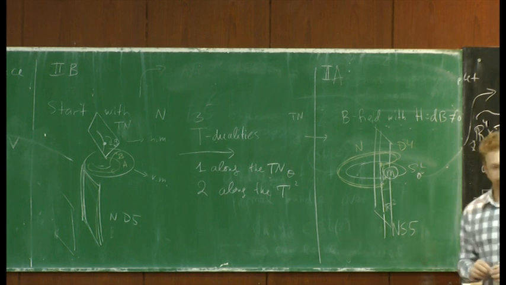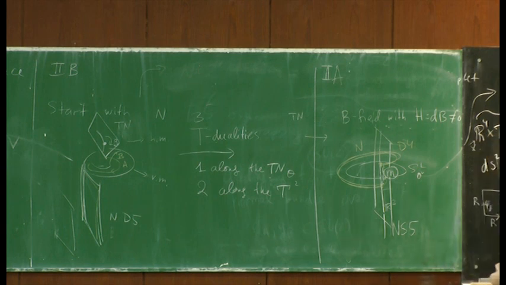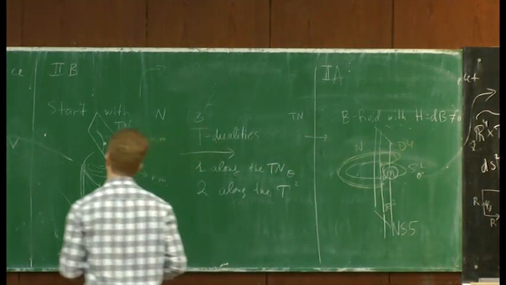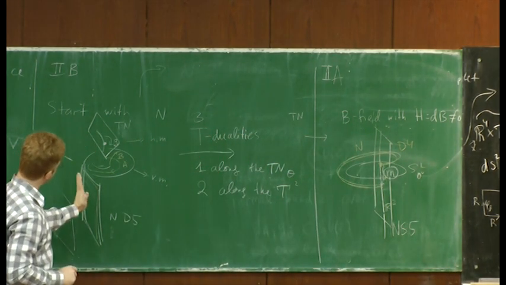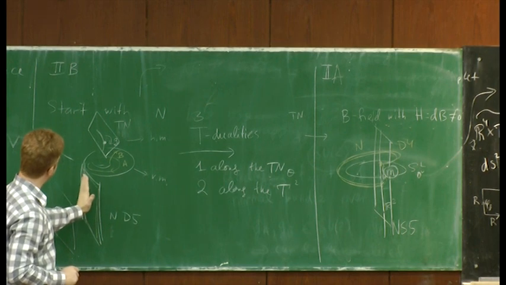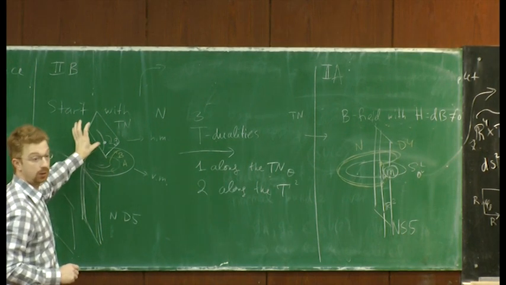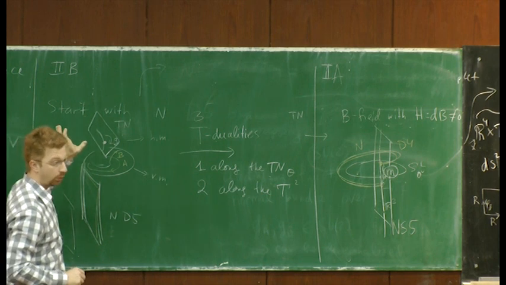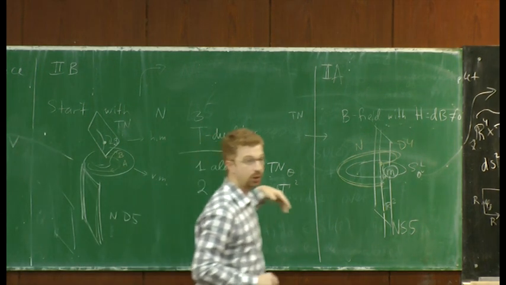Yes? What determines the winding number of the D4 branes along the S1? So it's the fact that in the original geometry, these D branes were not wound around the S1, and we T-dualized once.